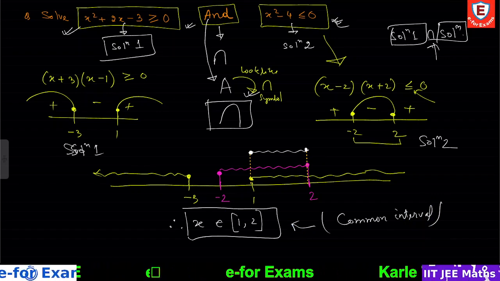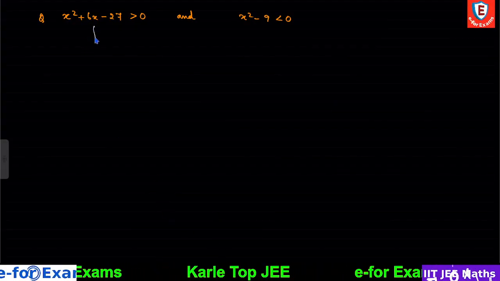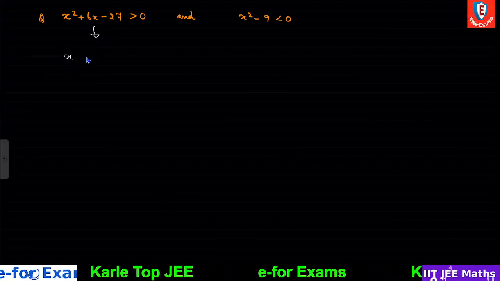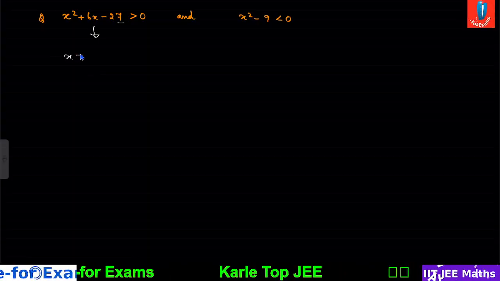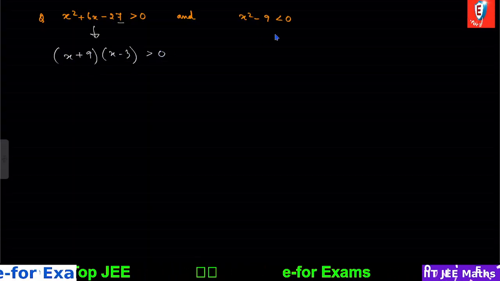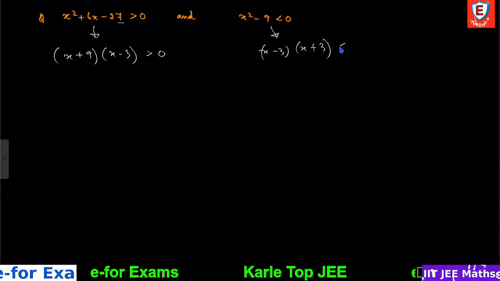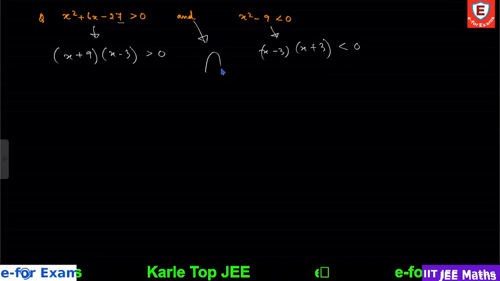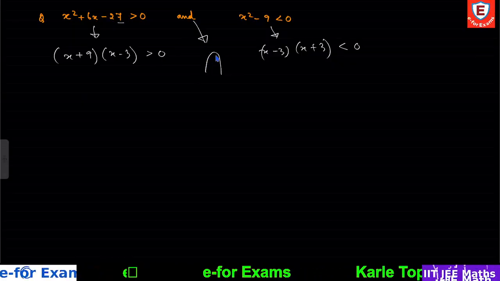Okay, let's do one more question. Here it can be 27, right? 3 nines are 27. So we can factorize it as x plus 9 whole into x minus 3 greater than or equal to 0. And this one, x minus 3 into x plus 3, less than 0. 'And' is there, so the intersection symbol.